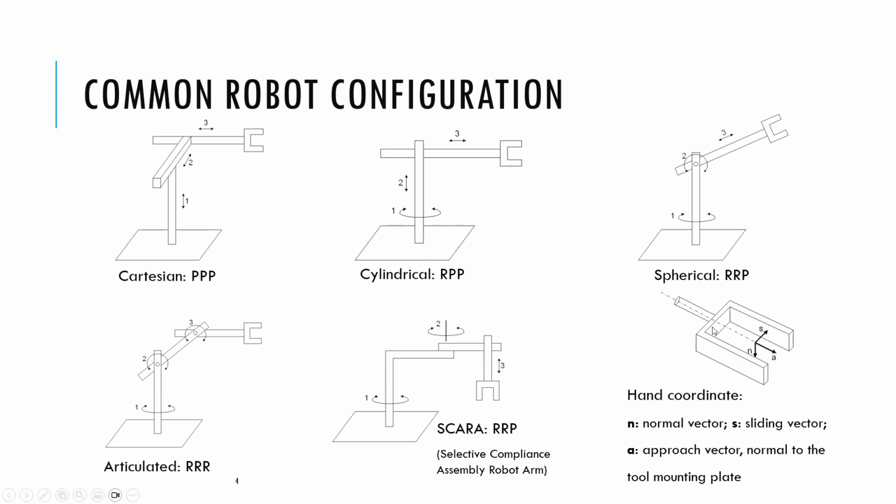So I usually approach an object in the A direction. It's usually the Z direction, and that's where the Z-axis is usually for a robot gripper. If you look at the UR, the Z-axis for the tool frame is aligned with the gripper. The Z-axis for the base frame of the robot is pointing up in the air. And the Z-axis is where I want to do that movement there.